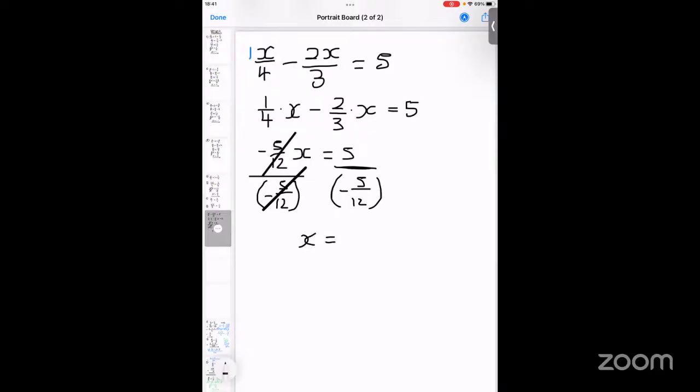What is it going to give you, Manahil? I think it will give you negative 12. Just verify for me what it gives you, Manahil.